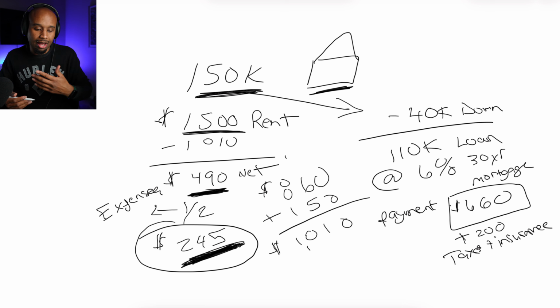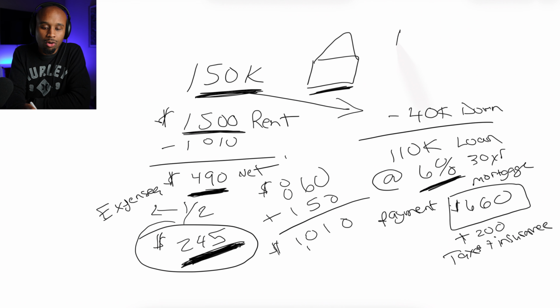Like we're looking at houses and we're trying to make them work as long-term rentals, but they just don't right now because of the interest rate. Interest rates are high. So when you look at this scenario, and this is for a long term, let me make sure I'm stating that clearly. This is for a long-term rental.